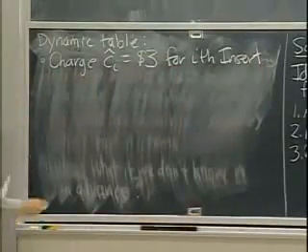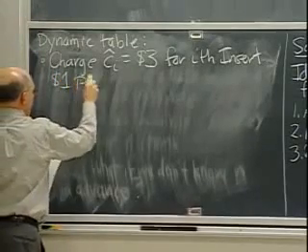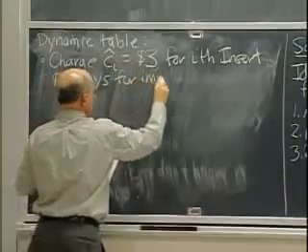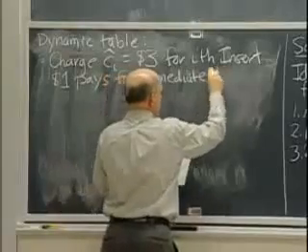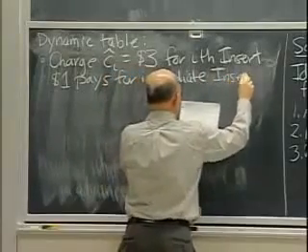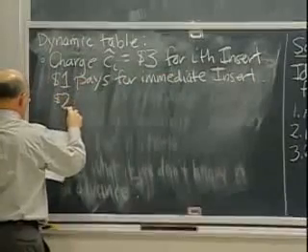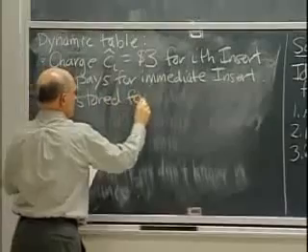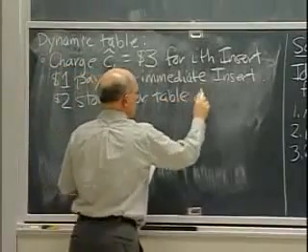And the idea is that $1 is going to pay for an immediate insert, and $2 is going to be stored for doubling the table when it needs to be expanded.